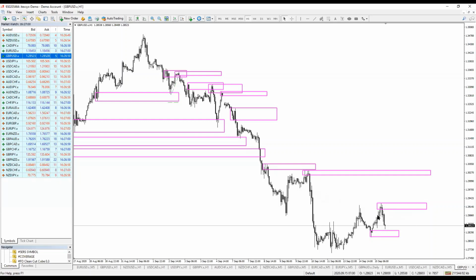That would be more risky for me. But because I see prices building up, I would buy toward this area.